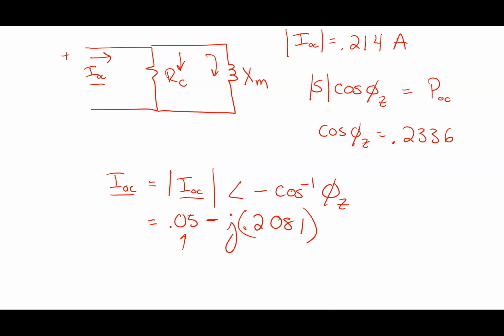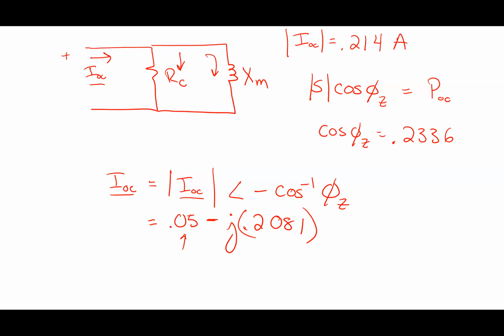Does that make sense? The real part is the current that is entirely real, going through the real component of the circuit. The imaginary component is only going through the inductor, because there can't possibly be anything imaginary going on in the resistor. The fact that it's imaginary means it's phase shifted by 90 degrees.